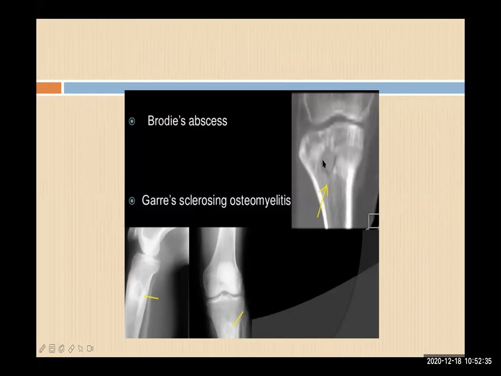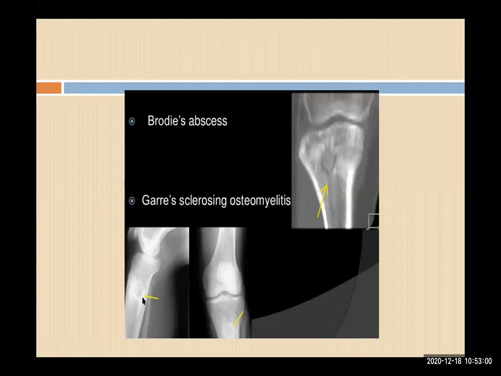The typical site for Brody's abscess is the upper part of the tibia. Now look here. I cannot see any cavity here. It looks like a small cavity-like appearance, but there is marked thickening of the bone. So there is a bit of confusion between Brody's abscess and Garre's sclerosing osteomyelitis.